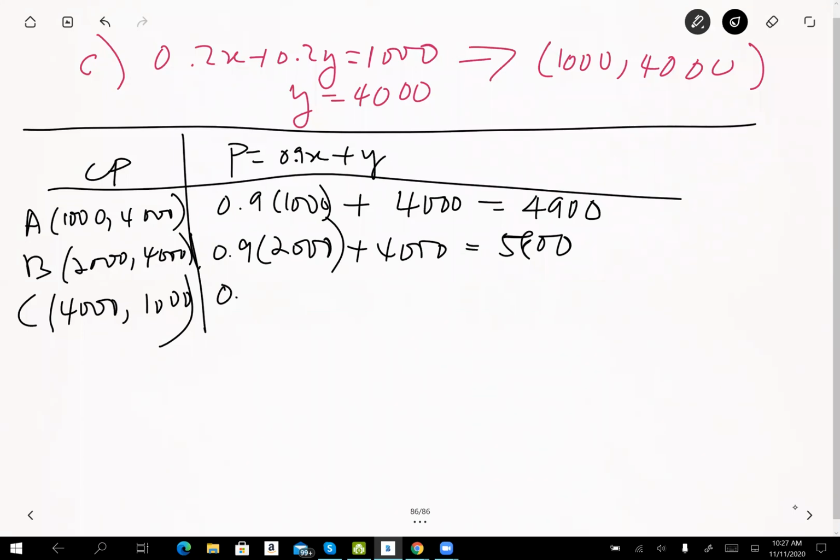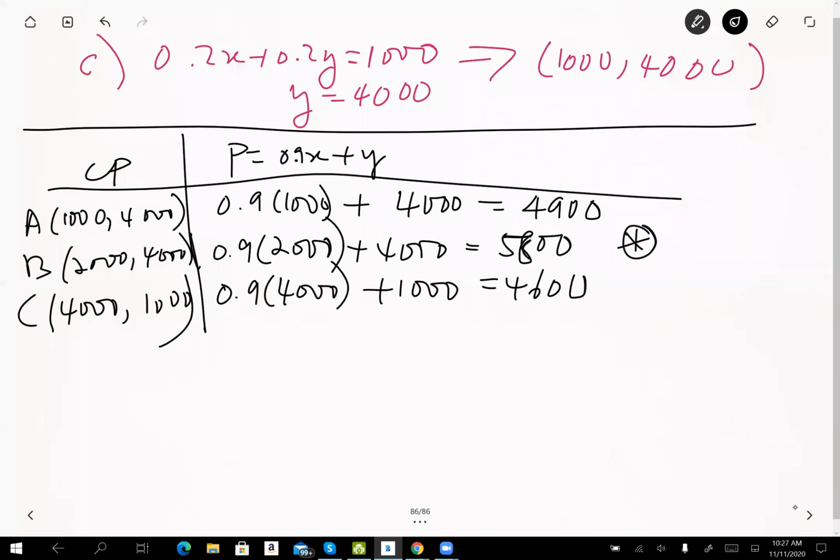And then 0.9 times 4,000 plus 1,000 equal to 4,600. As you can see here, we want to find the maximum. So the maximum value is that one.